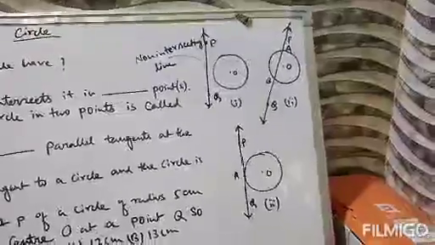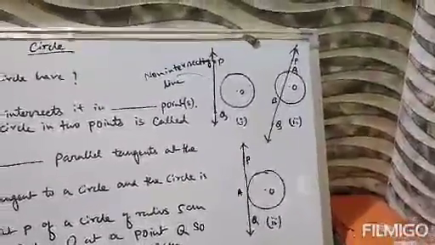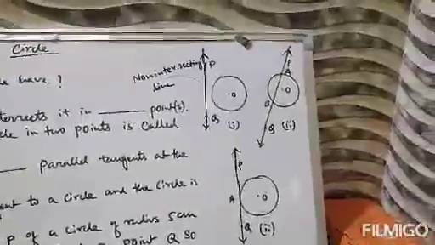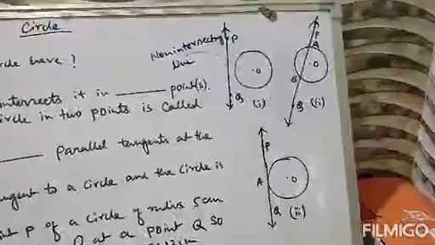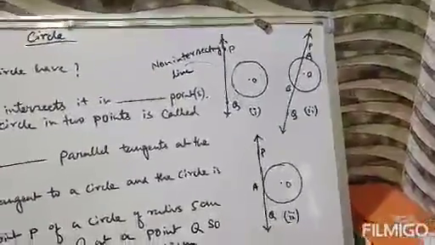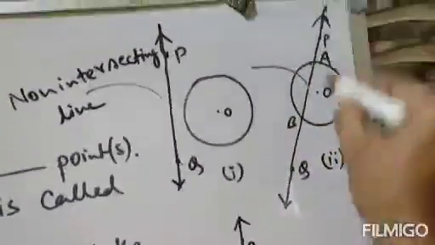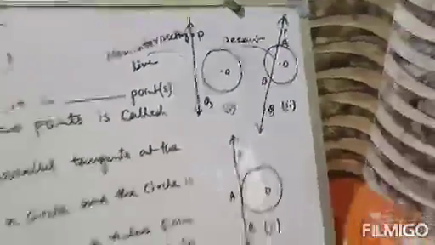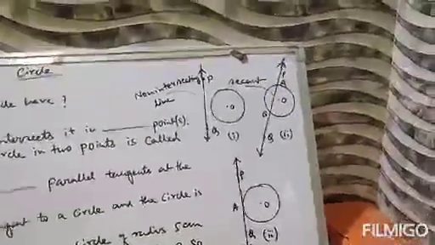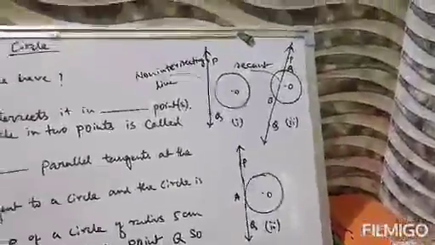The common points are A and B, because here line PQ is intersecting with the circle, and so it is making two common points, A and B. That means here the line PQ is called the secant of the circle. That means a secant has two common points with the circle.